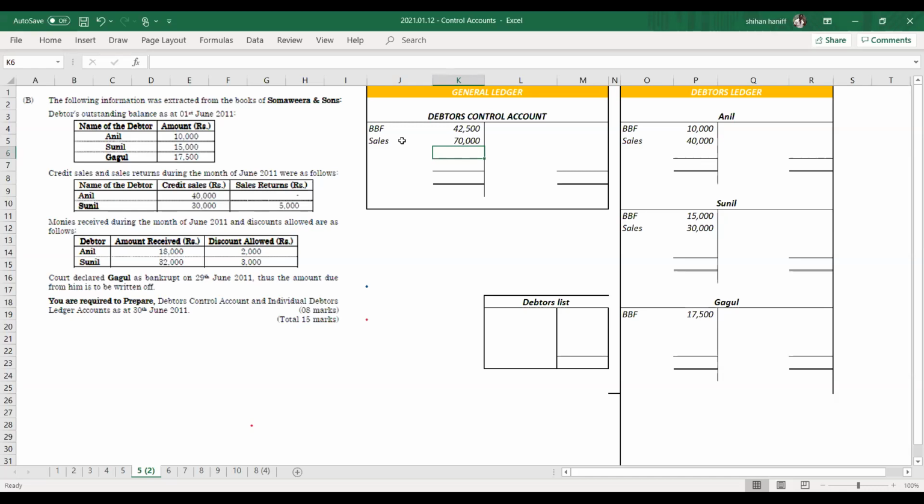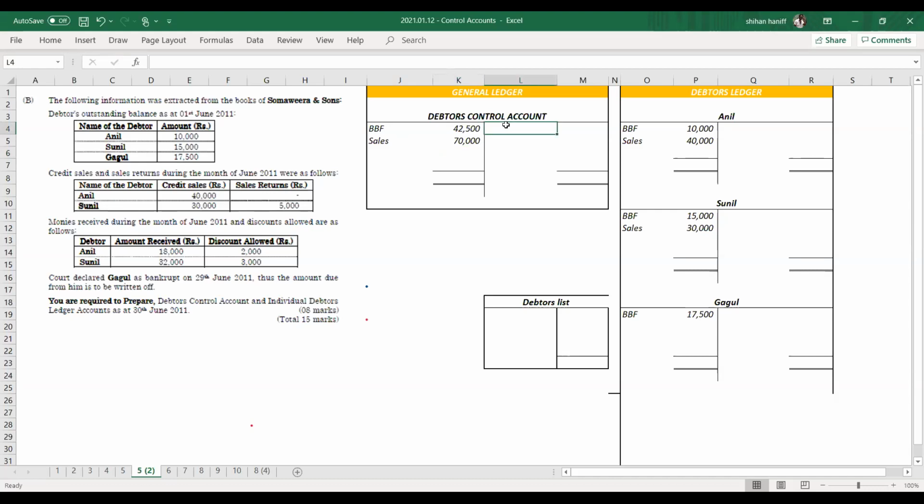There are different steps or methods you can use. Earlier, I did the individual accounts first, then the general ledger control accounts. Then I did another method, control account first, then the individual accounts. Now in this question I am doing them parallelly.